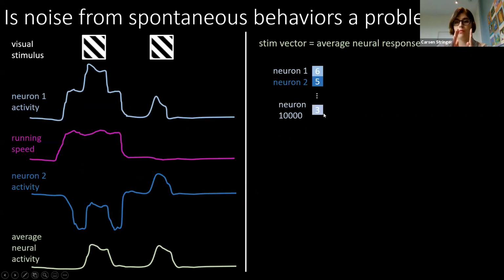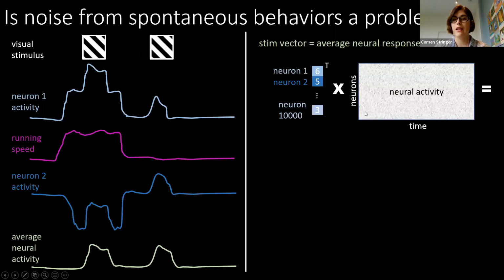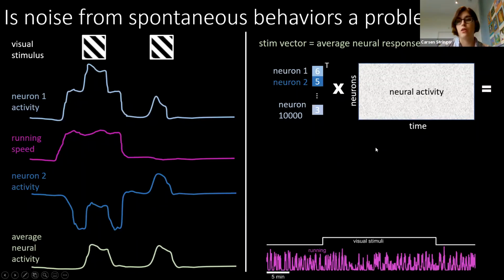We project the stimulus vector into our whole matrix of neurons by time and see how this varies during periods where there are no visual stimuli and where there are visual stimuli. You can see the mouse is running throughout, so we're going to see behavioral patterns throughout this recording.